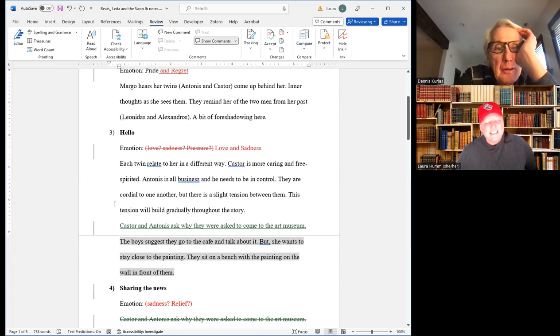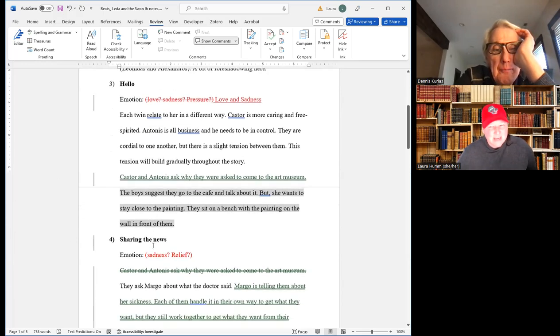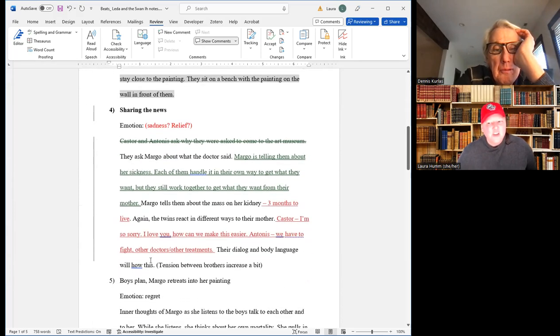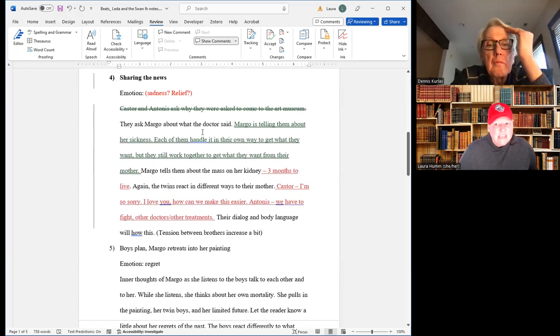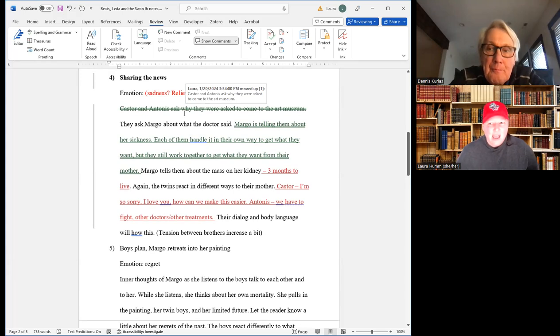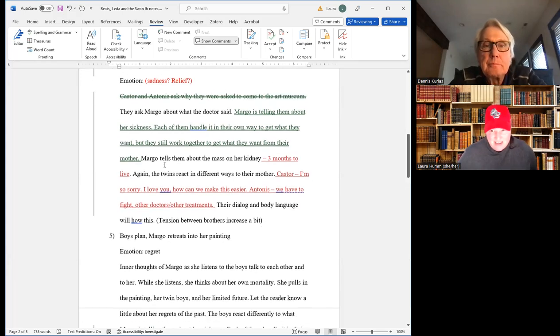This love and sadness, you're probably still sitting around a 3, maybe inching up to 3.5. Now you get into sharing the news. You're at a 4, pushing into a 5. Maybe this moment is actually a 6 because of the way the boys react and the surge of love and relief, right?